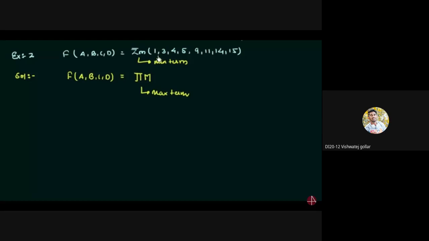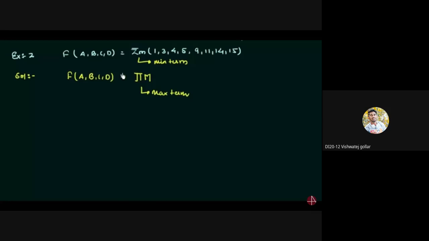minterms are obtained when the function is 1 in your truth table, and maxterms are obtained when the function f is 0 in your truth table. So actually these values 1, 3, 4, 5, 9, 11, 14 and 15 are representing that the function f is 1 for m1, m3, m4 up to m15.